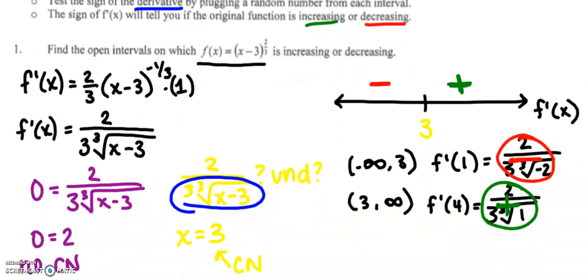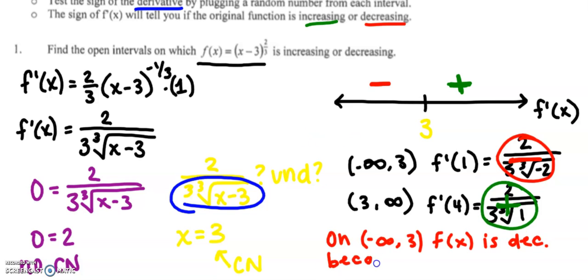Well, based on what we found, on negative infinity until 3, f of x is decreasing because f prime of x, the derivative on that interval, is less than 0, or negative.